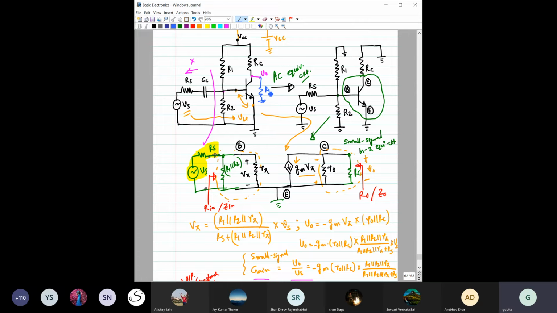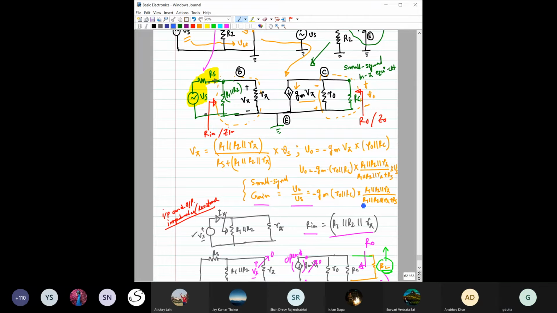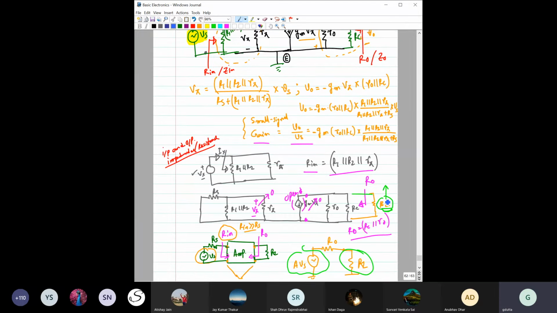In some example we will definitely do this type of example. Suppose we add one RL, then this RL will be in parallel with this RC. Then if you are calculating V output, you cannot eliminate the effect of RL.